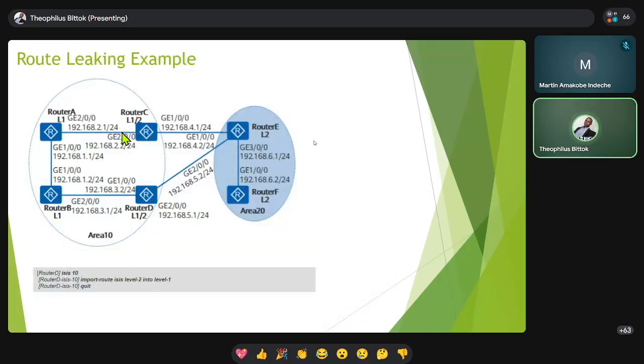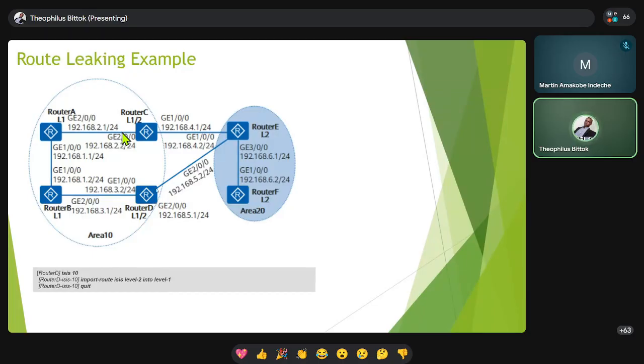Let's take, for example, this one. For this area, router E and router F are both L2 routers and they are in area 20. And then we have router D and router C. So router C and router D are L1, L2 routers.